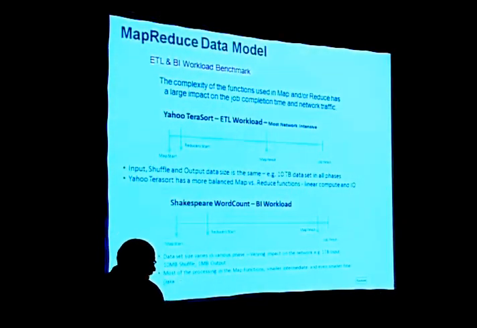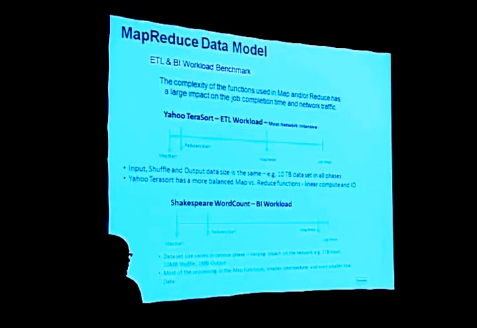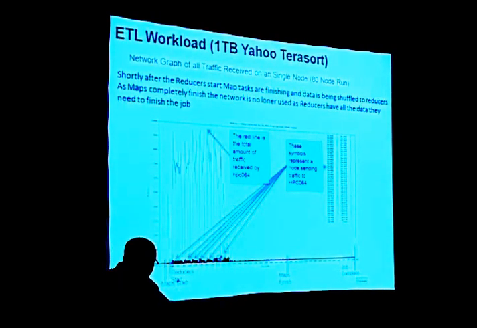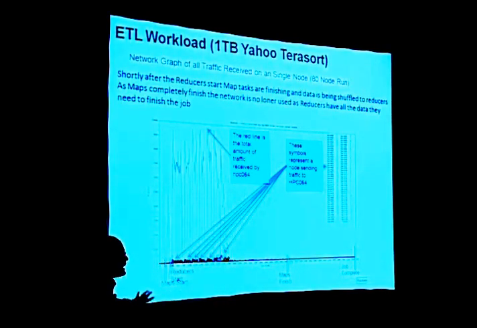Versus Shakespeare or word count, which is a BI type of job, where you're trying to sift a large amount of data to get a certain segment of the facts, right? And that means the data set does not remain constant. It goes from 1 terabyte to 10 megabytes, and maybe the results could be only 1 meg, depending upon the question you are asking, depending upon the workload you are developing.